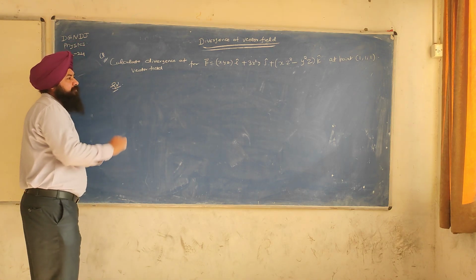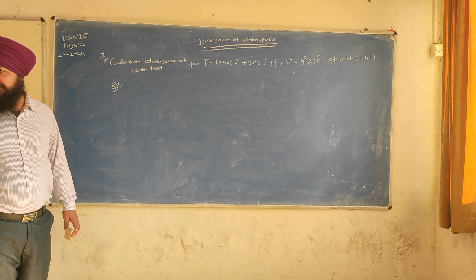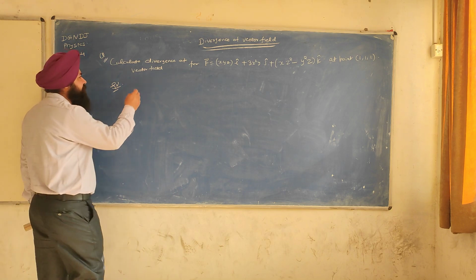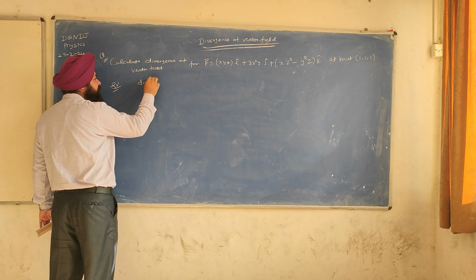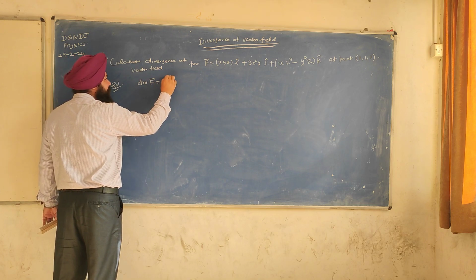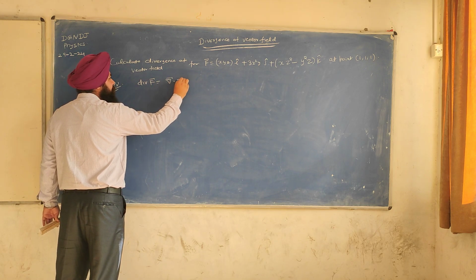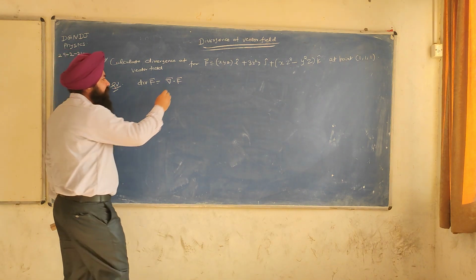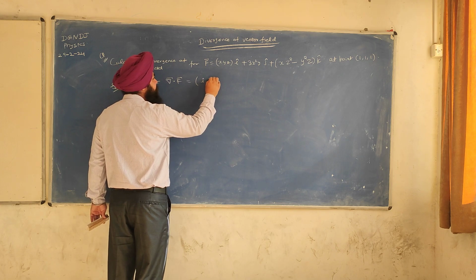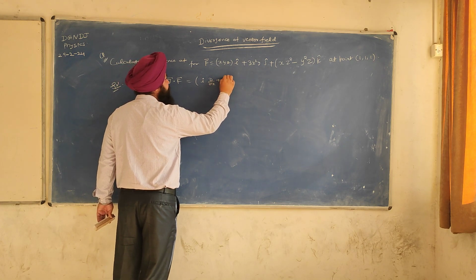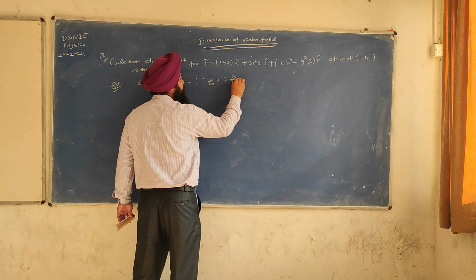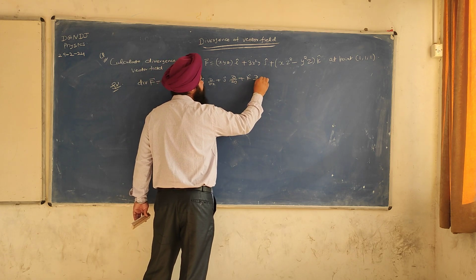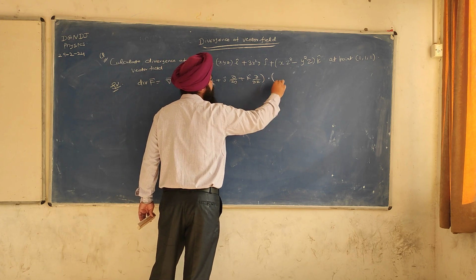Solution. We have to find out the divergence. So divergence of f vector is equal to del dot f. So I have to calculate this: i cap curly by curly x plus j cap curly by curly y plus k cap curly by curly z, dot.